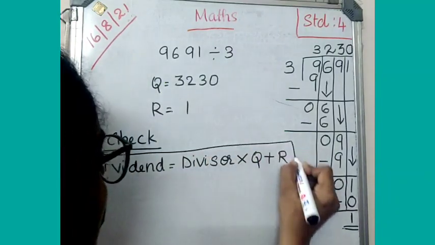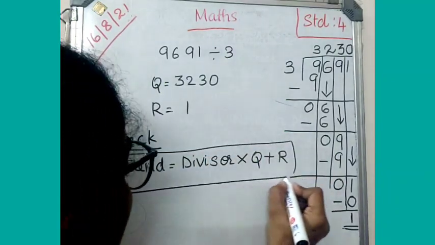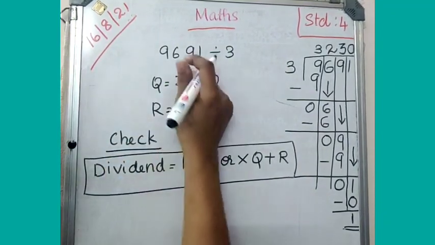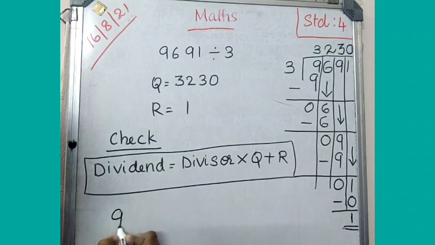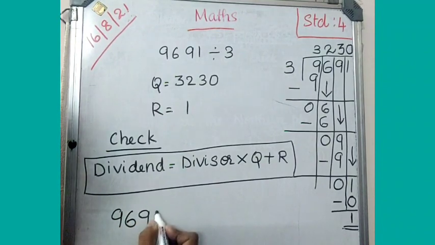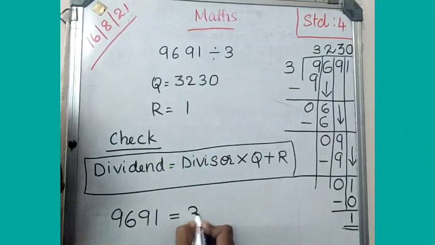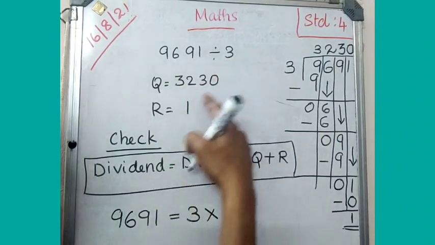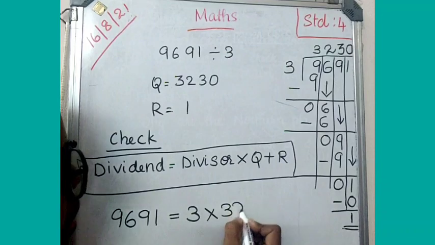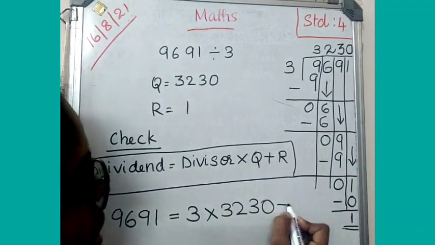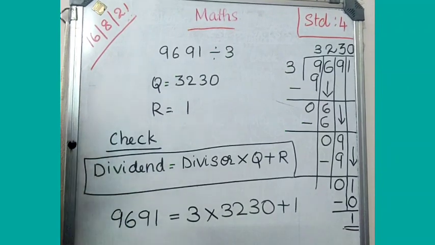Put this in a box. Dividend equals, which is the dividend? 9691 is the dividend, equals divisor. Divisor is 3, into quotient. Quotient is 3230, plus remainder. Remainder equals 1.